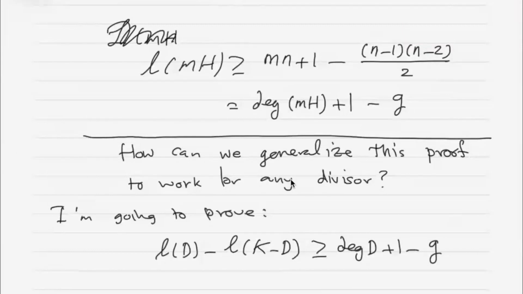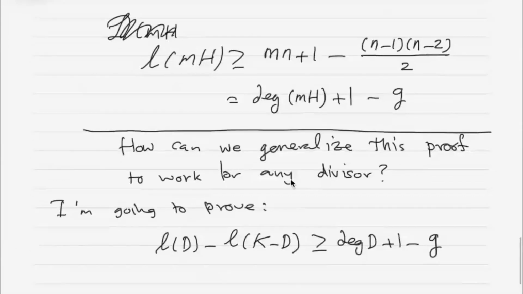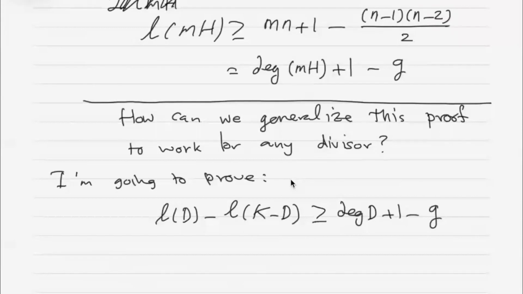And once I prove this, the Riemann-Roch theorem follows just by a very trivial observation of replacing d with k minus d here. If this is done, Riemann-Roch follows right away.